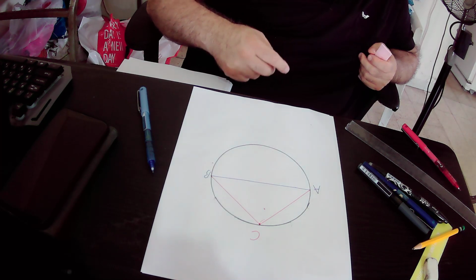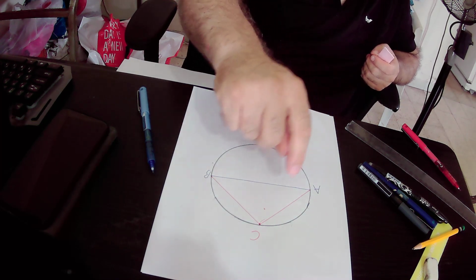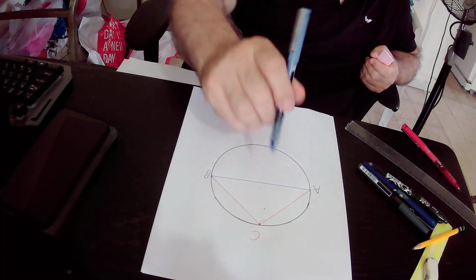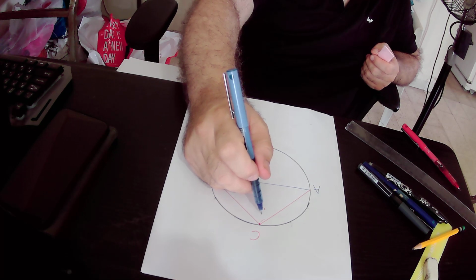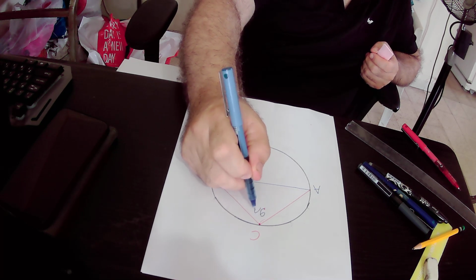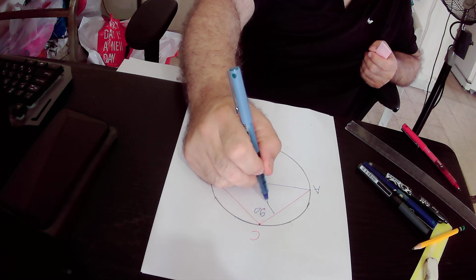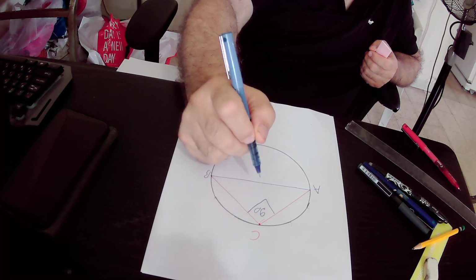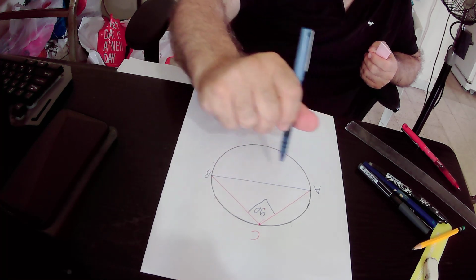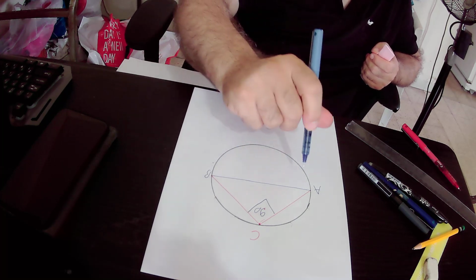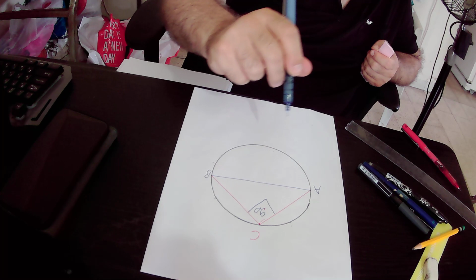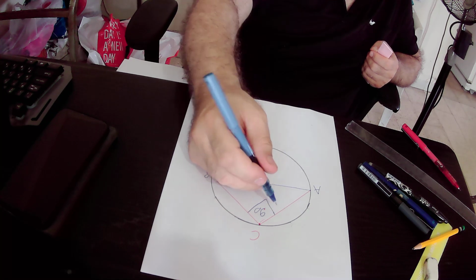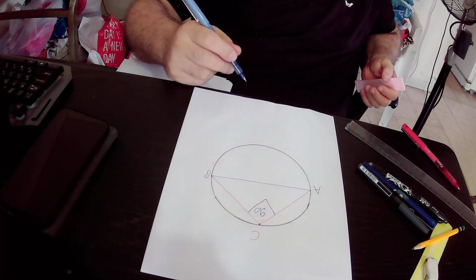So according to rule number 1, peripheral angle ACB equals 90 degrees, because it rests on the diameter of this circle, that is to say, on chord AB. Okay, I will write it down.